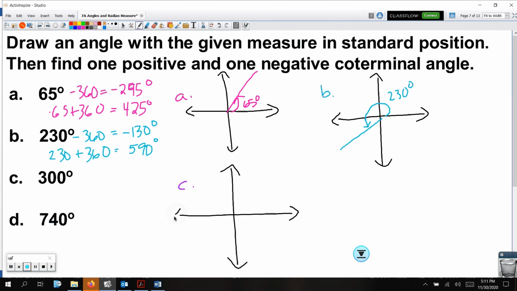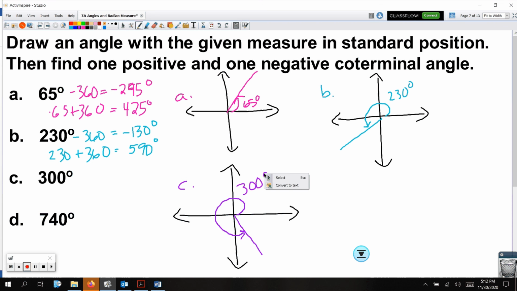Okay, so we start with our X and Y axis. This is 300 degrees. So that means I'm not making a complete rotation, but I'm going to go 90, 180, 270, and 30 more. We'll approximately say about there, right? So that would be my angle in purple there.